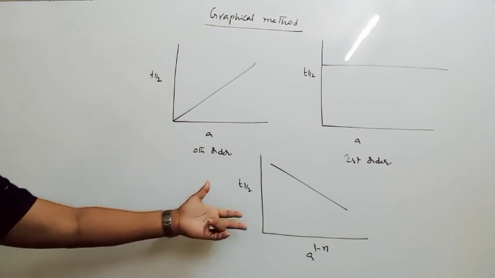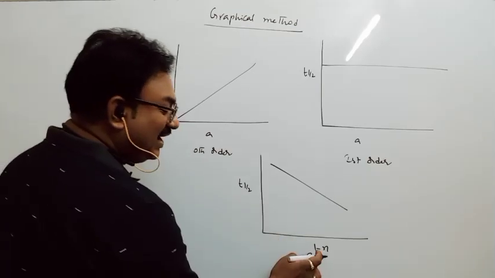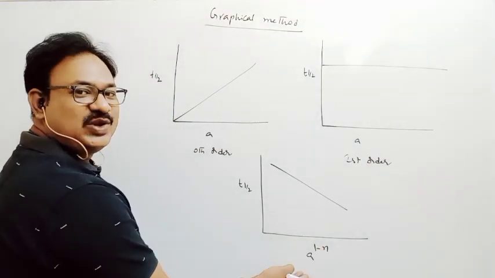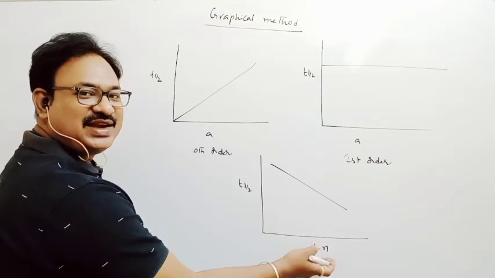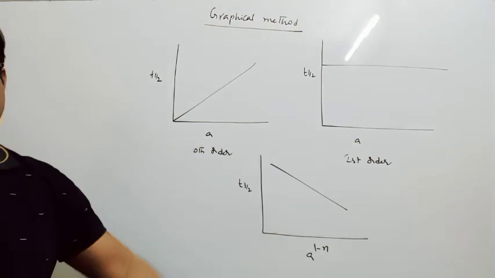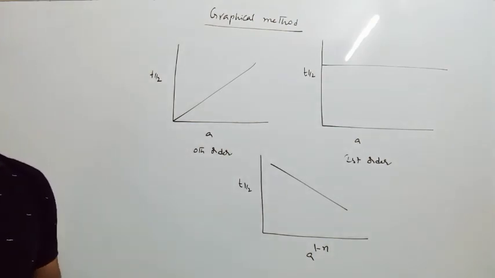So this is for second as well as third. Taking n equal to 2 gives second order, and n equal to 3 gives third order, and you will get the respective graphs. So that's it about the graphical method.